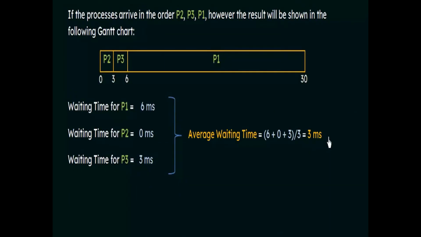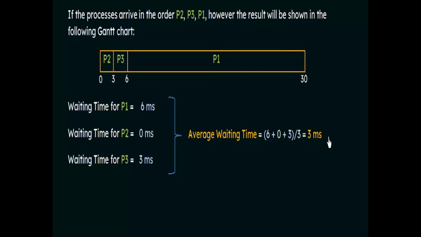Now if we change the order of these processes, then what will happen? Suppose the order is changed, and first process P2 comes, then P3 comes, and finally P1 comes. As we can see here, the waiting time for P1 is 6 milliseconds.